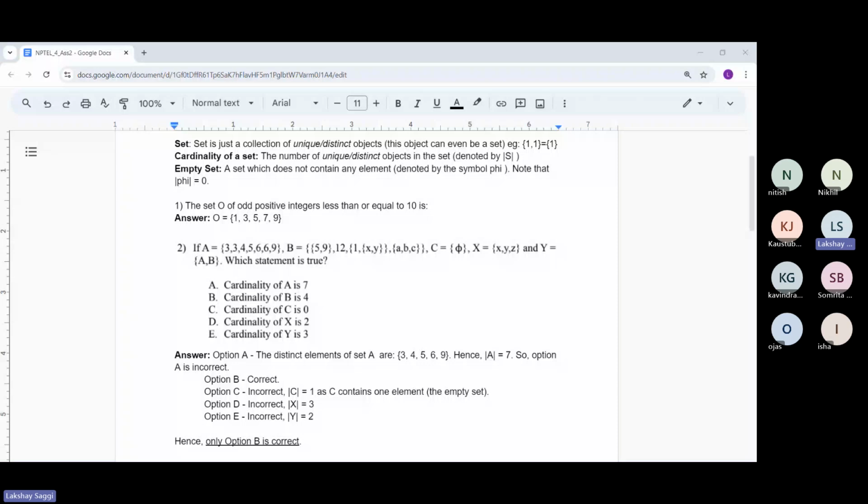Okay, so Ojas and Kavindra are saying that my screen is not visible. I'll just reshare this, guys. Sorry for this. I'll just try to reconnect to the meeting. Maybe some internet issues again. So I'll reconnect to the meeting, guys. Sorry for this.